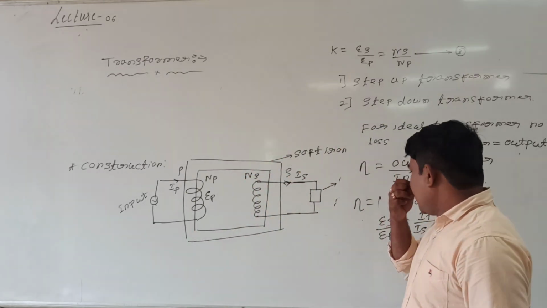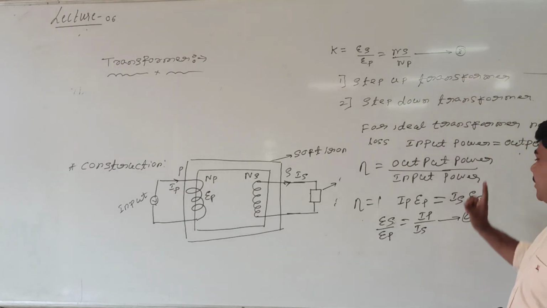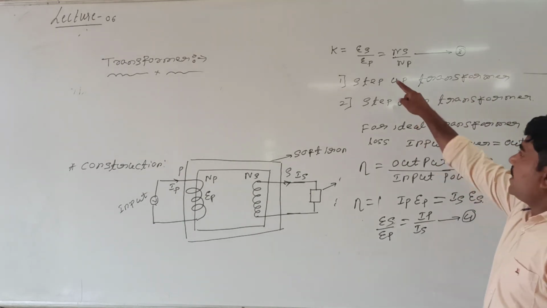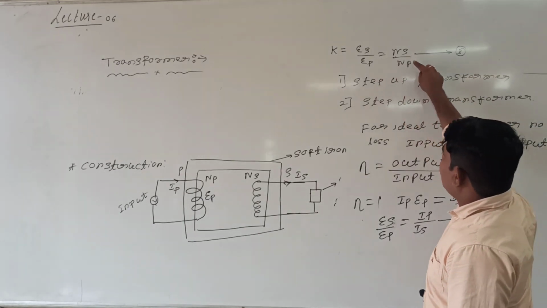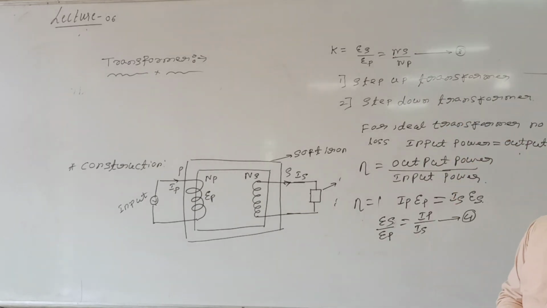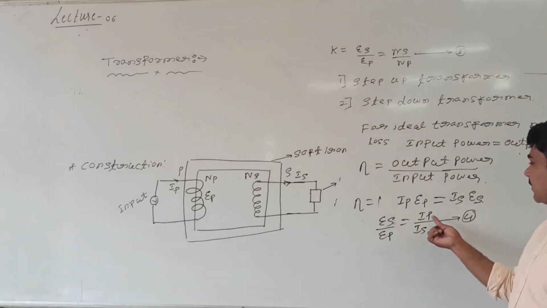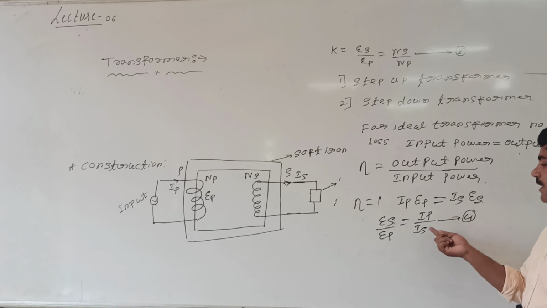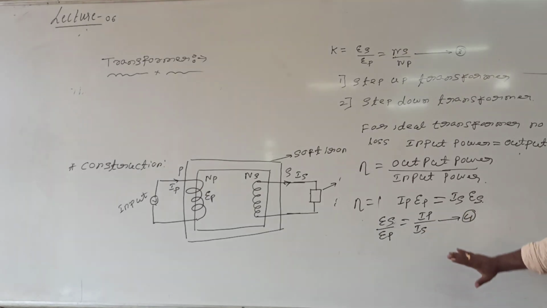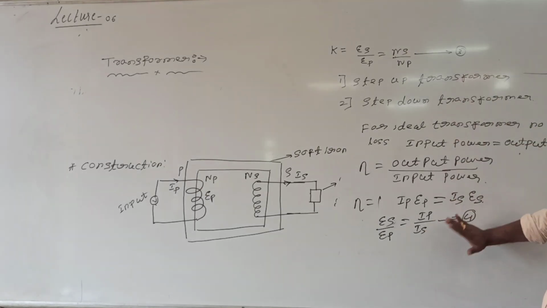Look at equation 3 and equation 4. ES divided by EP is equal to NS divided by NP, but ES divided by EP is also equal to IP divided by IS. Now just compare equation 3 and equation 4.